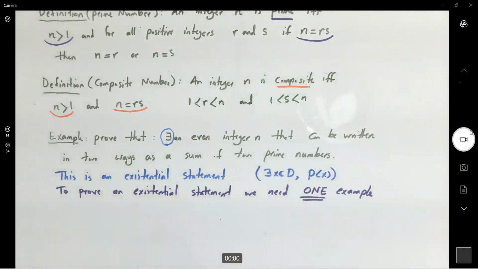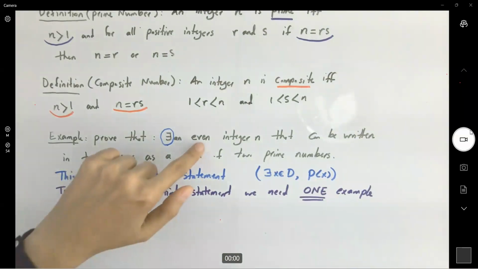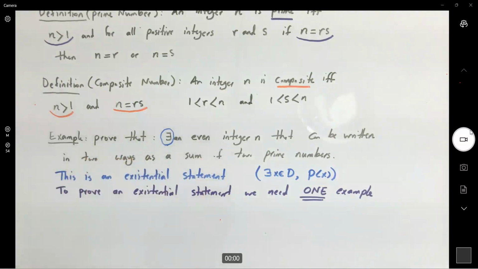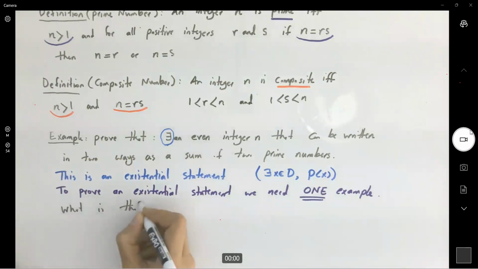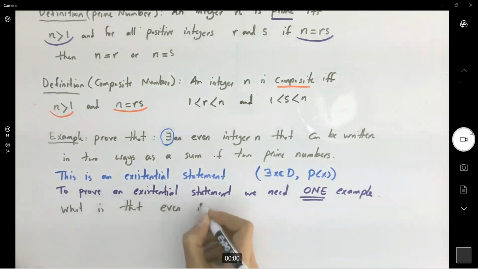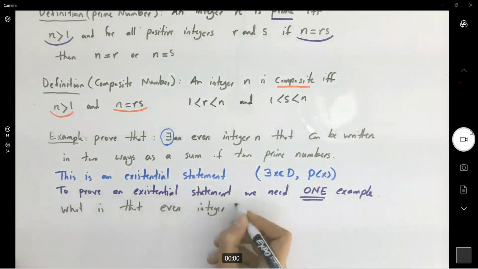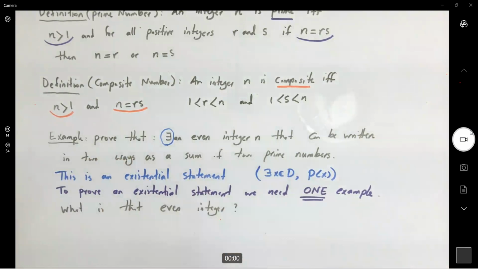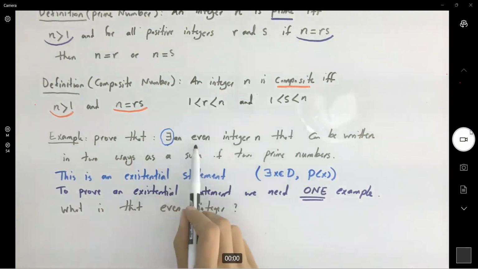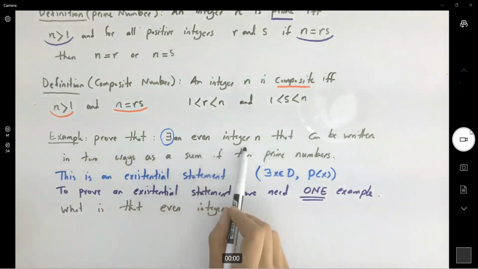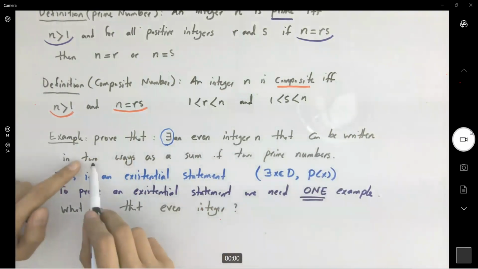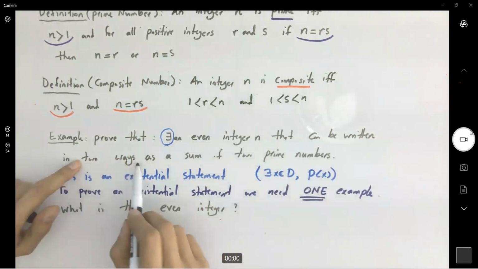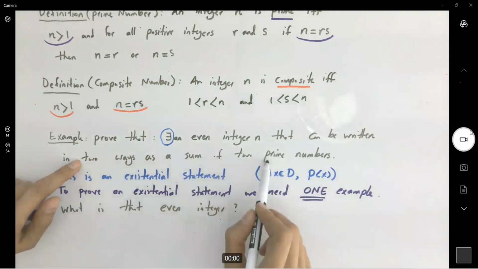Okay, so what is that even integer? There are many integers that satisfy this statement here. We're looking for an even integer that can be written in two ways as the sum of two prime numbers.